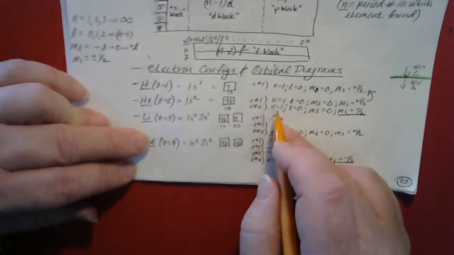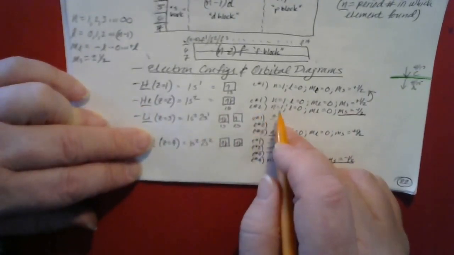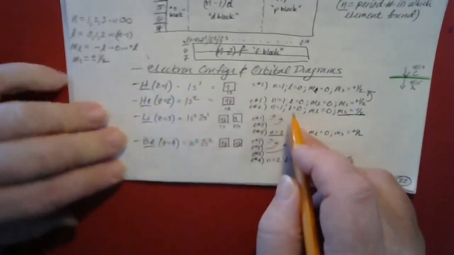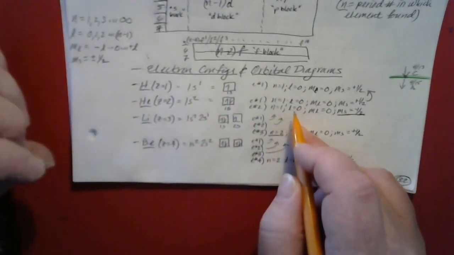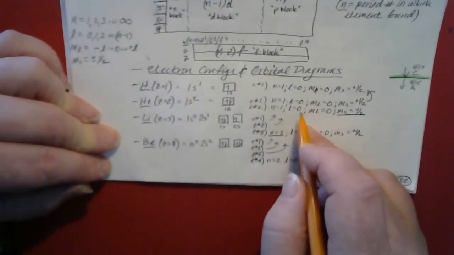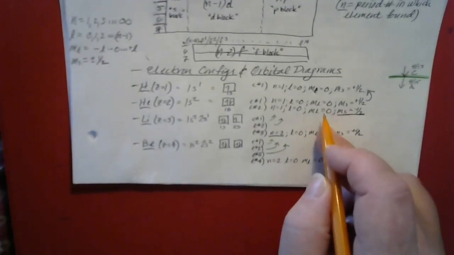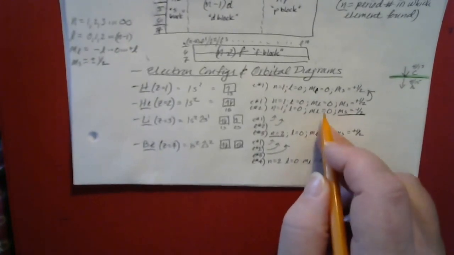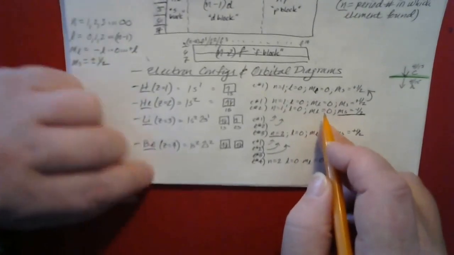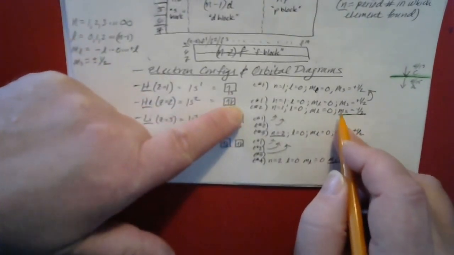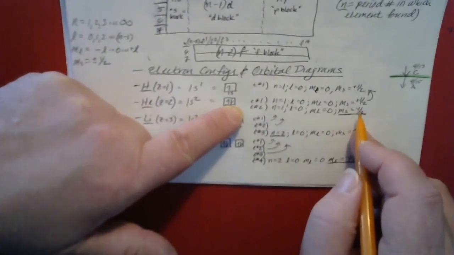Well, it's still in shell number 1, so n equals 1 for the second electron, this one here. It's still in an S-type orbital, so L equals 0. And there's only one possibility for which S orbital in that shell it's in, because there's only one S orbital in each shell. So M sub L has to be 0. But it's pointing down, so it has spin down, and that would be an M sub S value of minus 1/2.